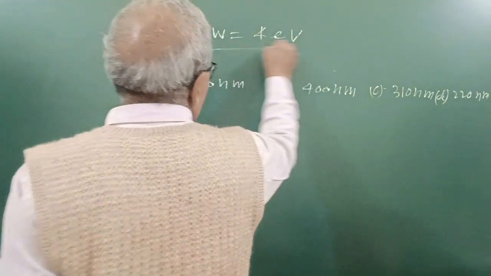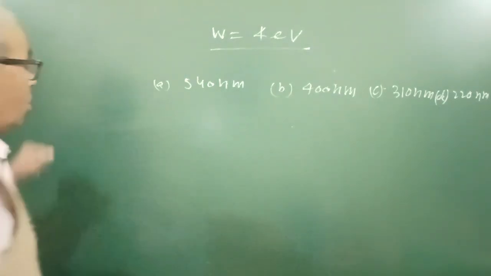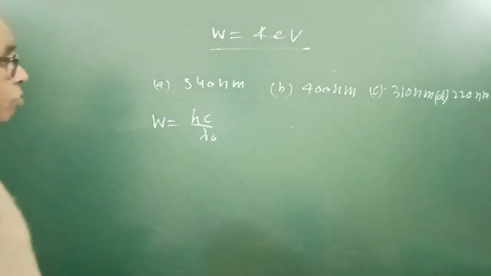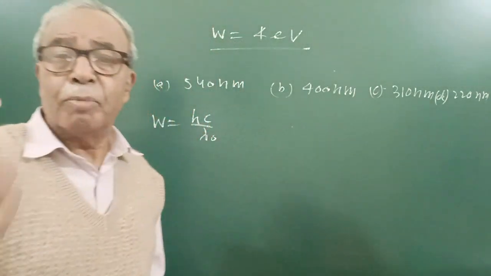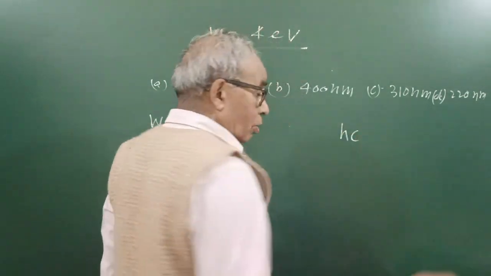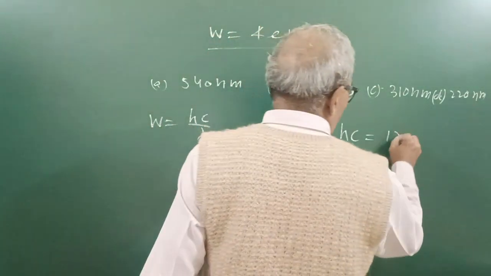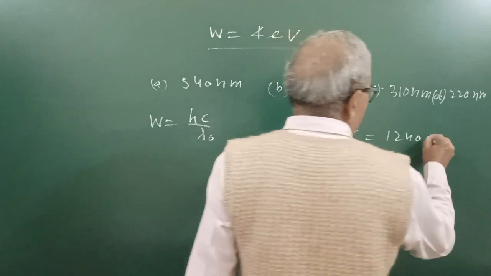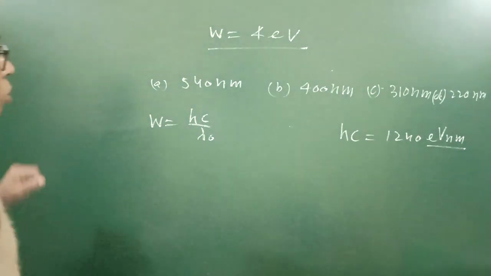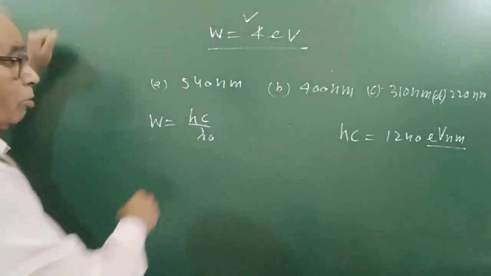The work function of the metal is 4 electron volt. The longest wavelength: we know W is equal to hc upon lambda 0. Dear friend, some shortcuts are required. I have used in one question hc. The value of hc has been solved equal to 1240 electron volt nanometer. So if we put the work function in electron volt and hc is this, the lambda will be obtained in nanometer.